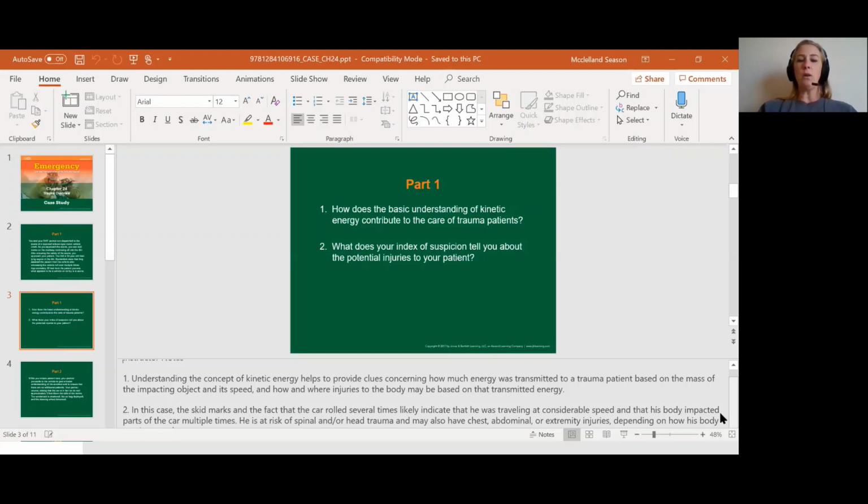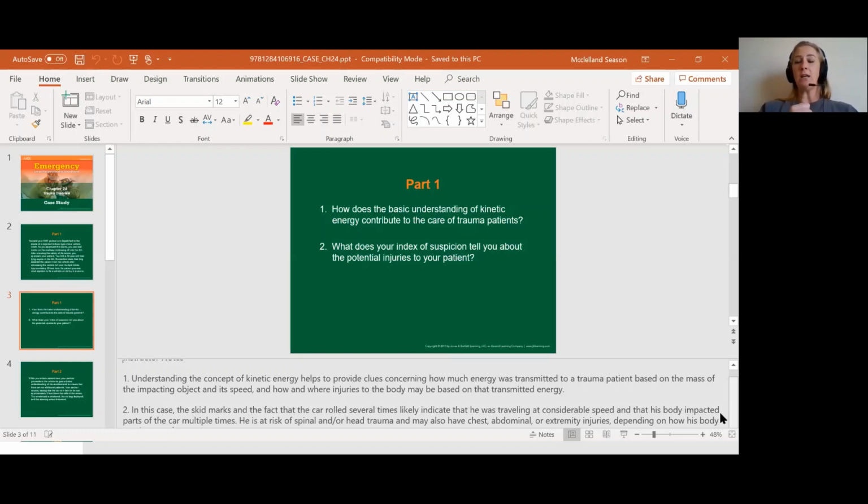So in a rollover, every time part of the vehicle hit the ground, every time part of the vehicle hit a tree, every time the stop mechanism in the seat belt stopped the seat belt, that is an impact. That is an object to object impact.